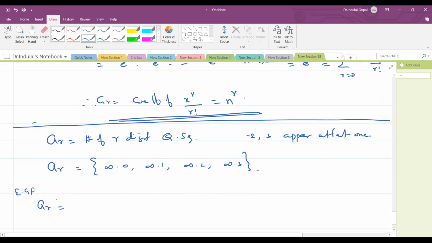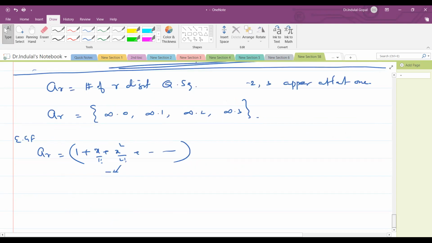When taking the exponential generating function, take 0 and permute; there are no other restrictions. So the exponential generating function for the permutations of zeros is 1 plus x by 1 factorial plus x square by 2 factorial plus etc. This is for the symbol 0.